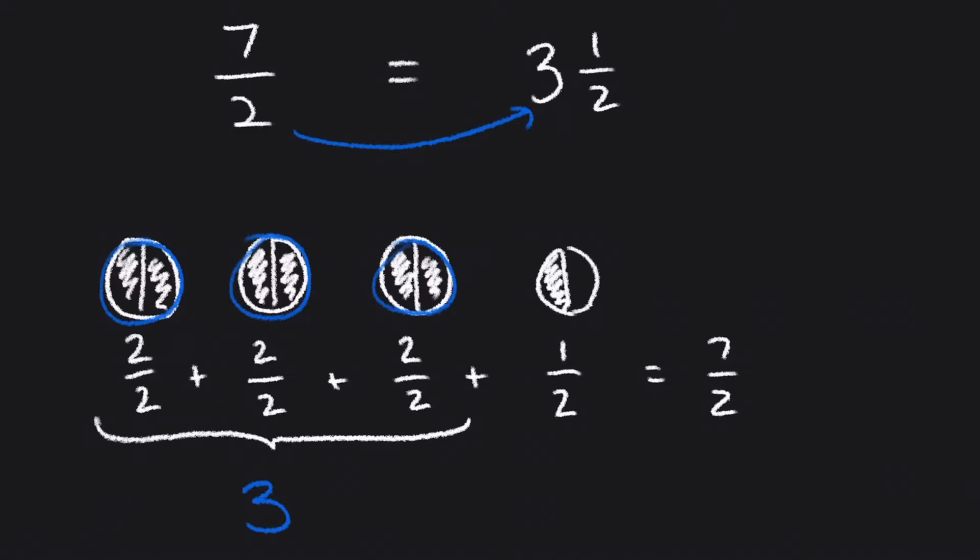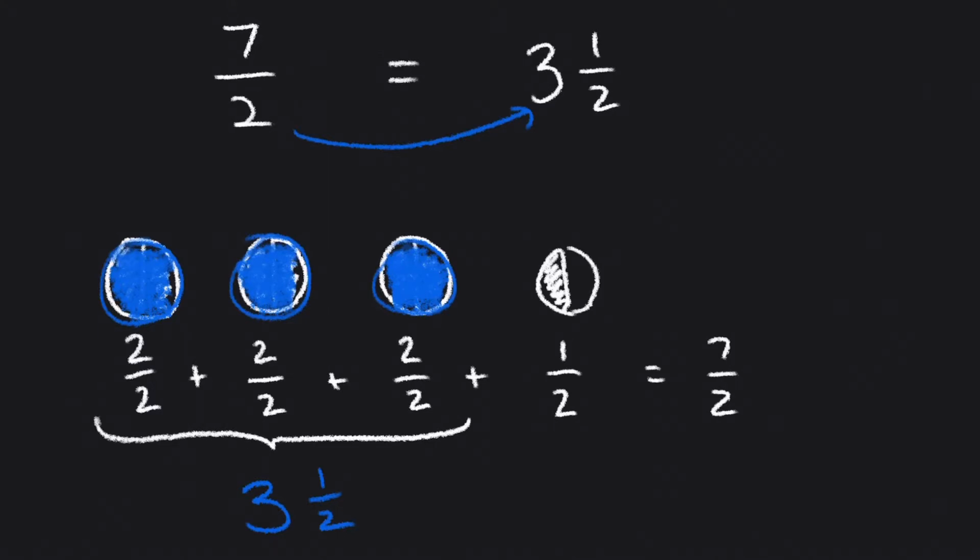Now I don't even have to write it as a fraction. I can just think of that as one big whole, not as a fraction at all. So I've got 3 wholes, and then I've got 1/2 left over. And that's where the 3.5 comes from.